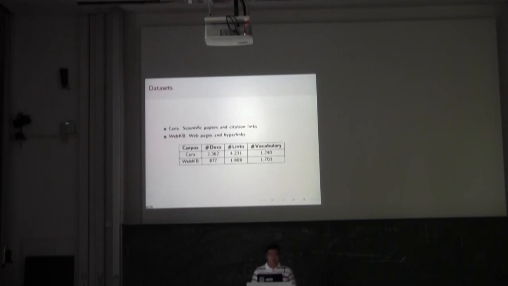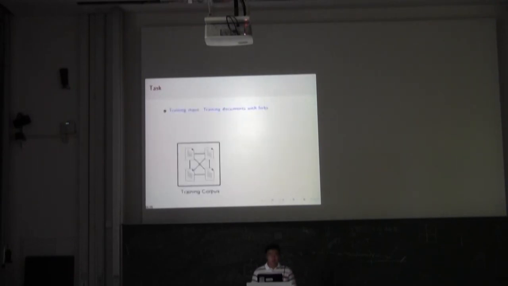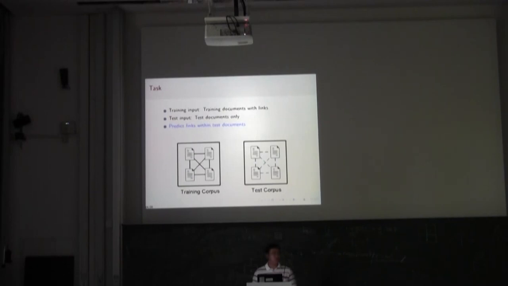During the evaluation, we train the model on the training documents and training links. Then we apply the trained model on test documents to get their topic distributions. Finally, we use the topic distributions and the trained weight vectors to predict the links within test documents, and also the links from the test documents to training documents.